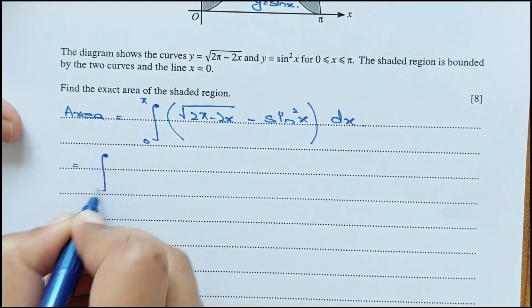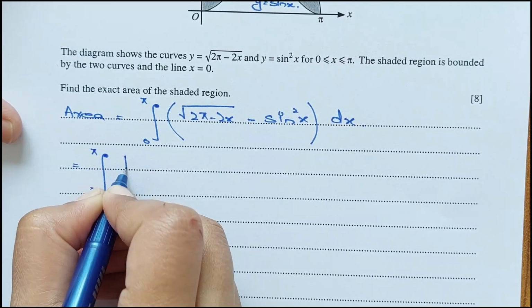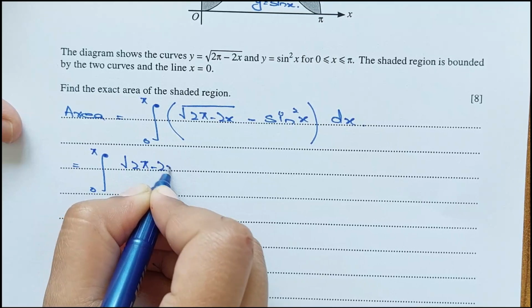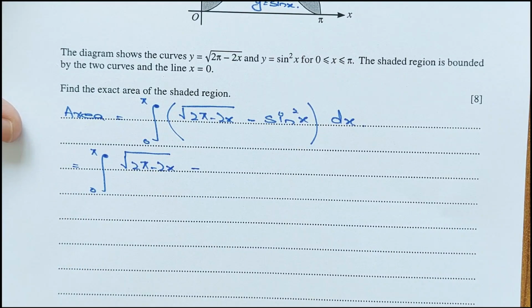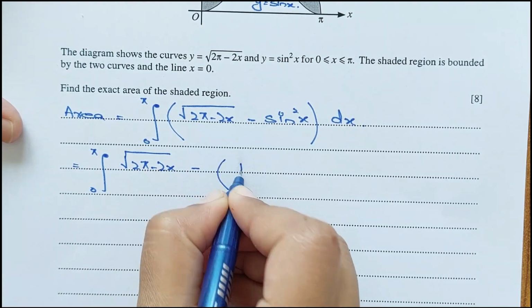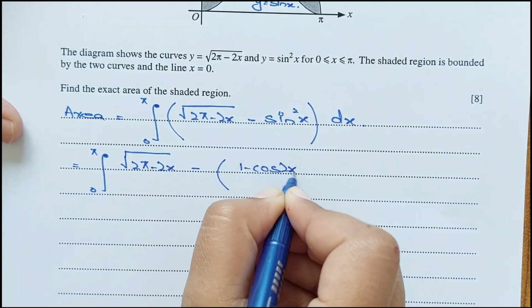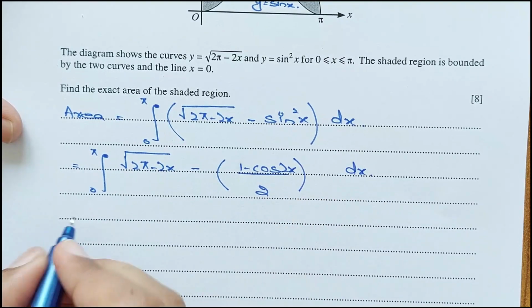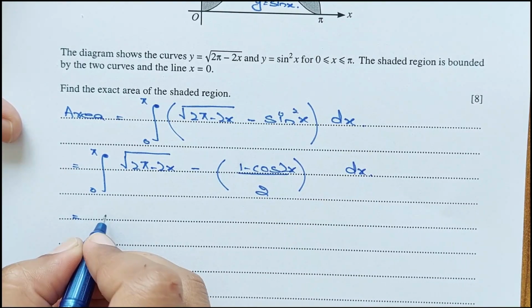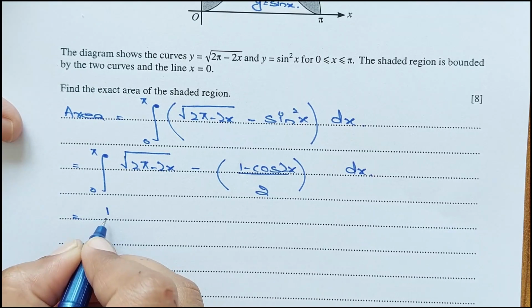So we integrate 0 to pi square root of 2 pi minus 2x minus sine square x. We have to use a formula which is 1 minus cos 2x over 2 dx.